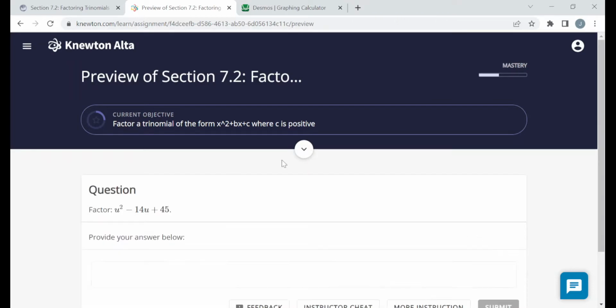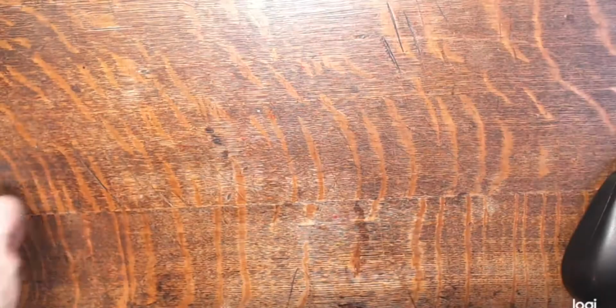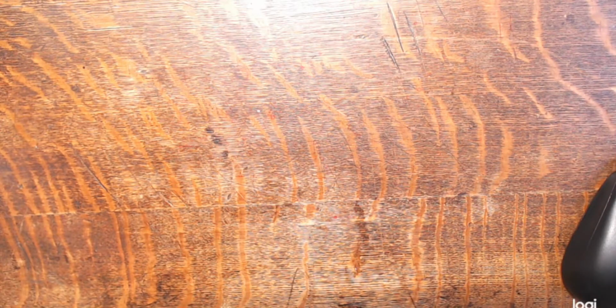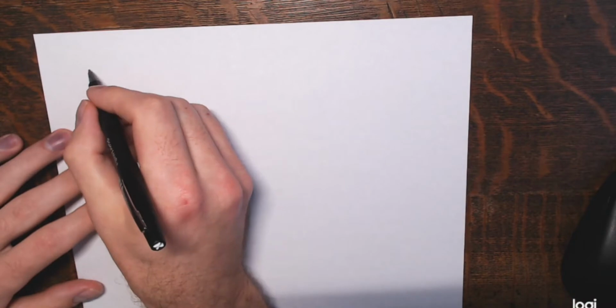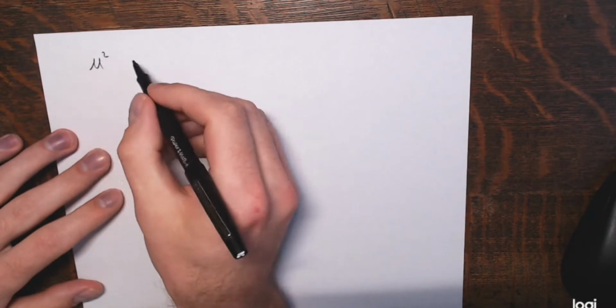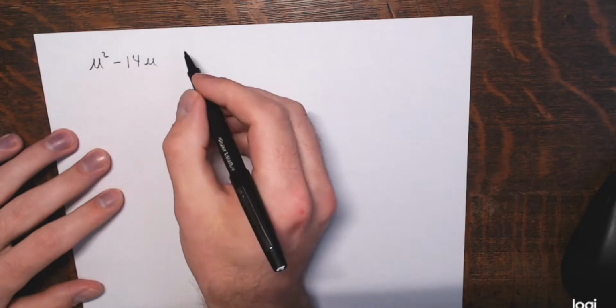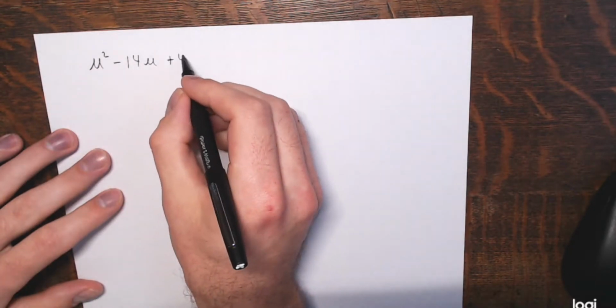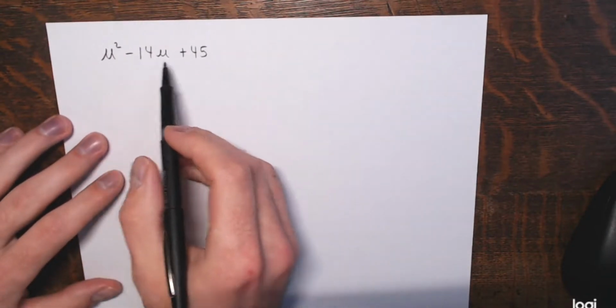So same objective here. Once again, I'll write this out, and then after this, I might just talk it out, because a lot of these, after you get the hang of it, should be relatively simple. So we have u squared minus 14u plus 45. This is another one of them special trinomials with a lead coefficient of 1.